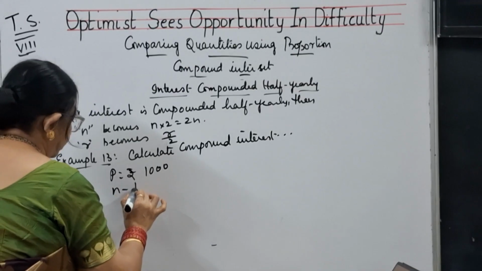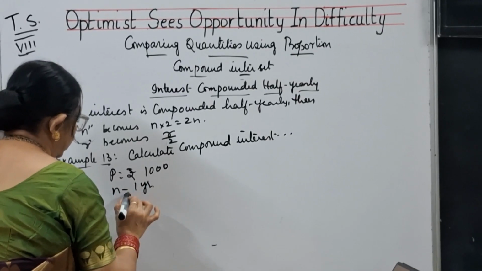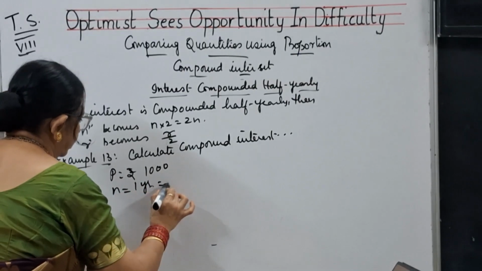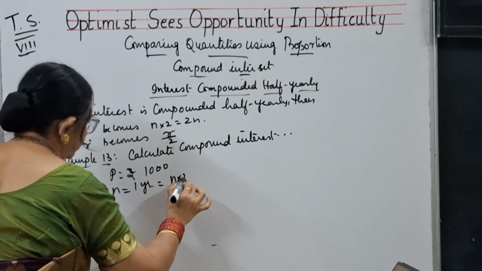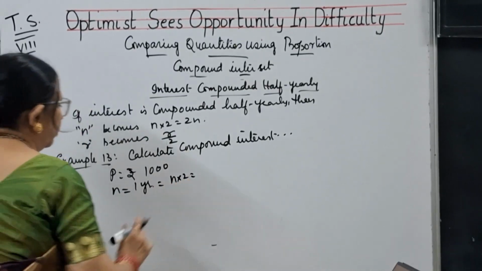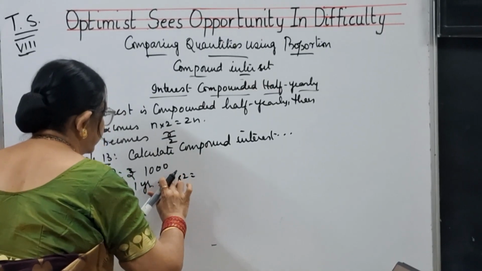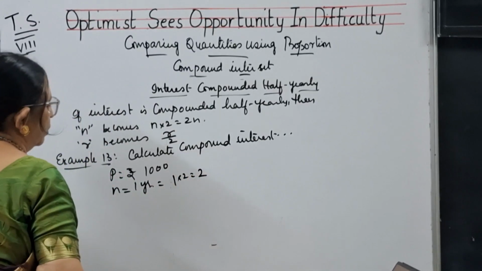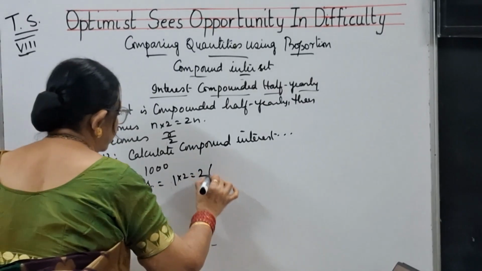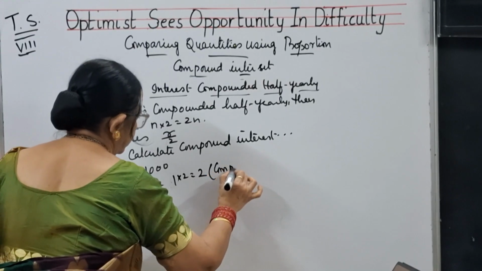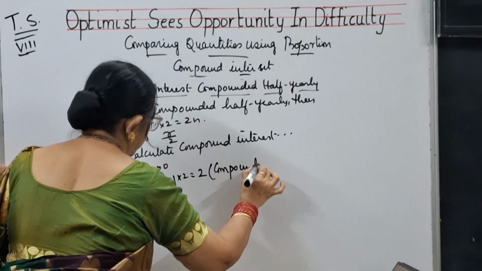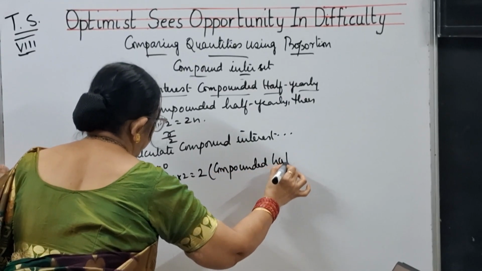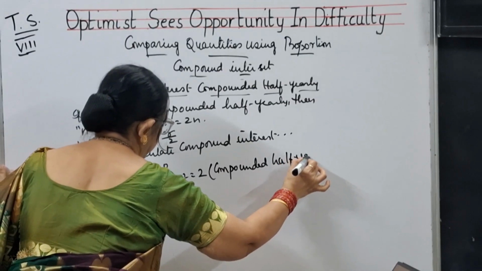N is given as 1 year. But this becomes n into 2, that is 1 into 2, so n will be 2. Why? Because it is compounded half yearly.